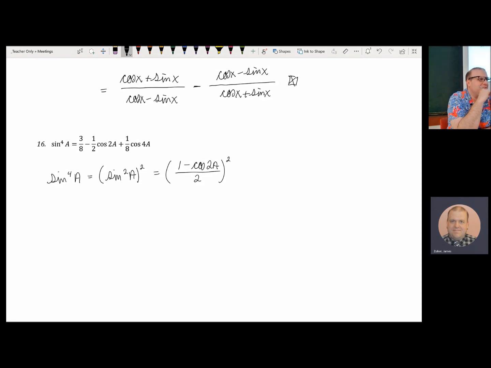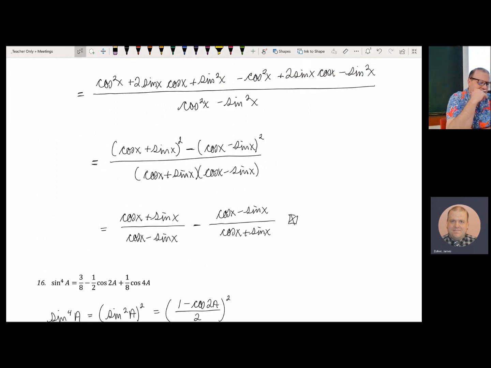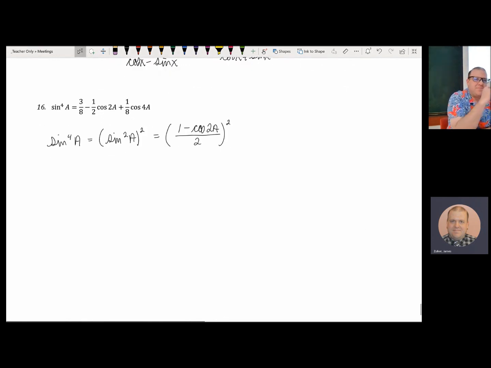Good. If you scroll back here, I think I copied something wrong. Okay, wait a minute. Right, reduction identity for sine: sine squared of A is 1 minus cosine 2A all over 2. Do that. Yes.